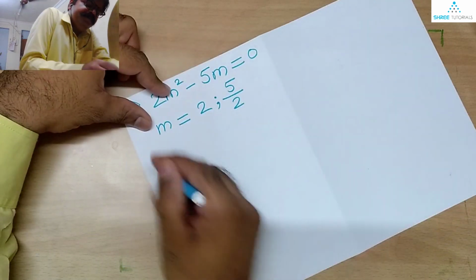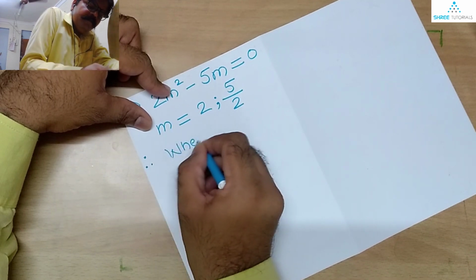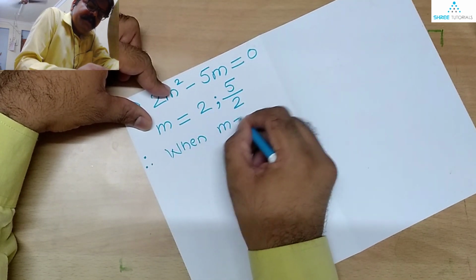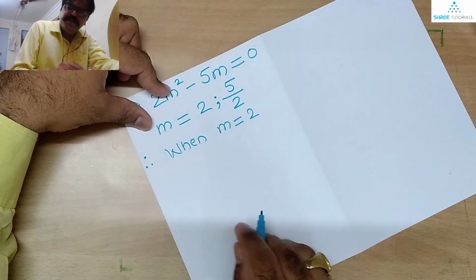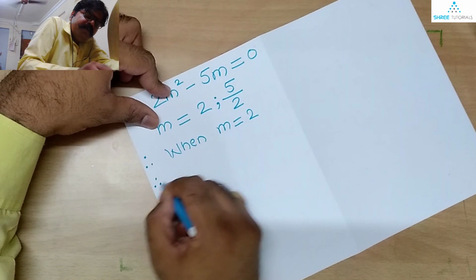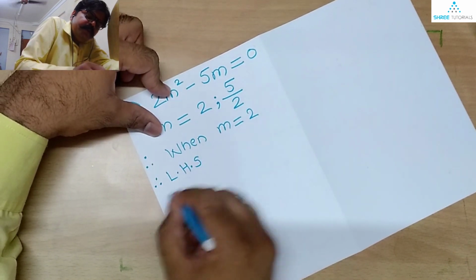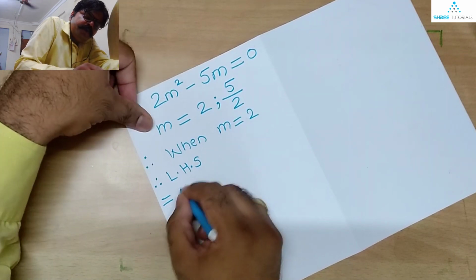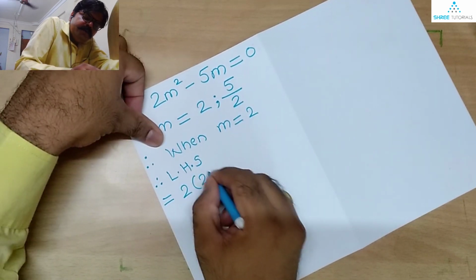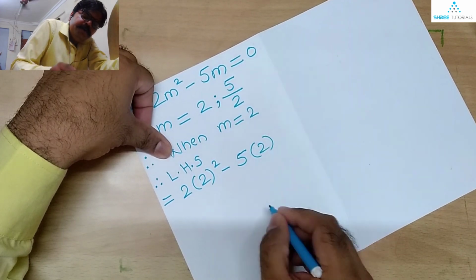Therefore, when m is equal to 2, the first situation we have taken into consideration, our left hand side of this equation will look like 2 into 2 square minus 5 into 2.